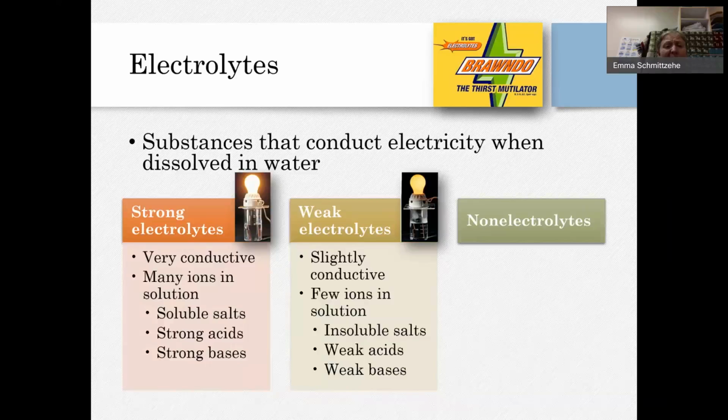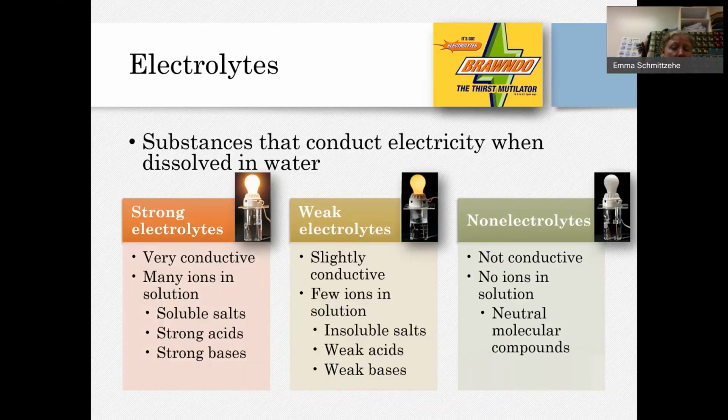Lastly, the non-electrolytes. So remember, a non-electrolyte is kind of the opposite of an electrolyte. It is something that does not conduct electricity when it's dissolved in water, so it is not conductive, and that is because there's no ions in solution. Now, that is a slight lie. There could be a very small amount of ions, not small in the sense of a weak electrolyte, but so small that we say that there's no ions.